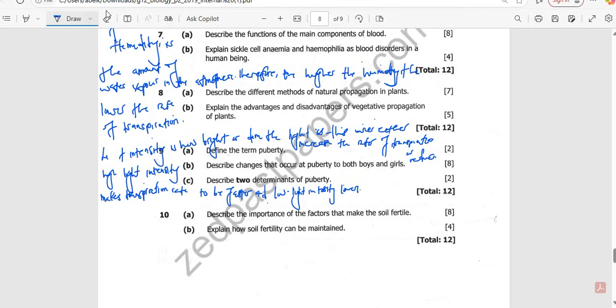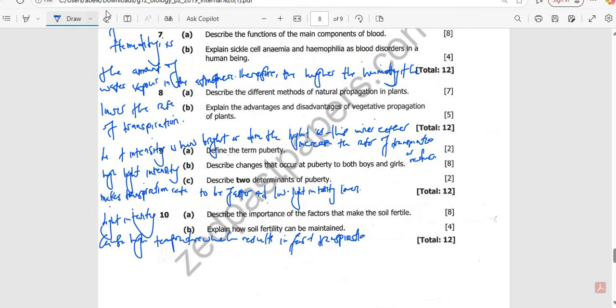So to add more information, I will say light intensity increases, so light intensity causes high temperature, which results in fast transpiration.